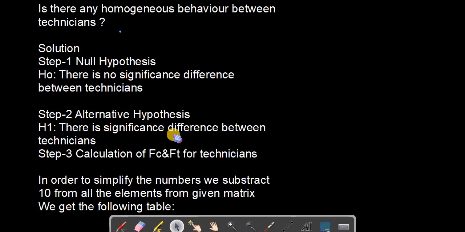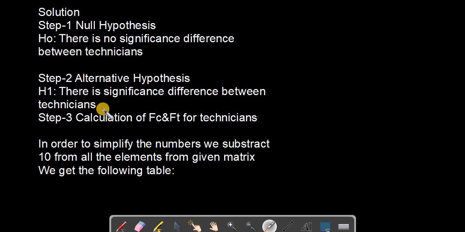Second step is the alternative hypothesis, which is exactly opposite to the null hypothesis: there is a significant difference between the technicians. That's step number 2.